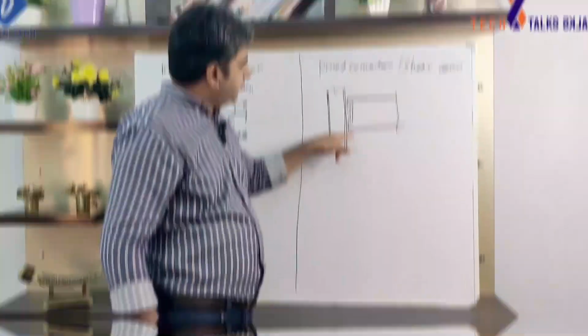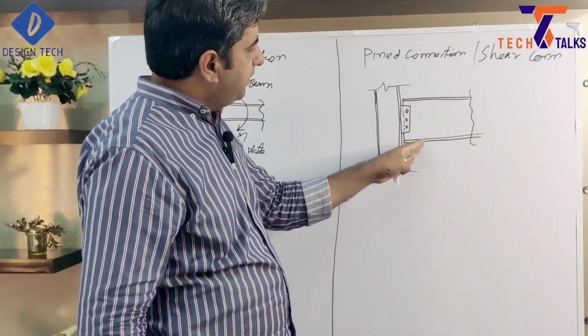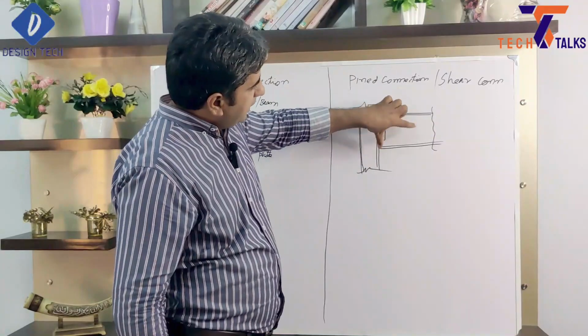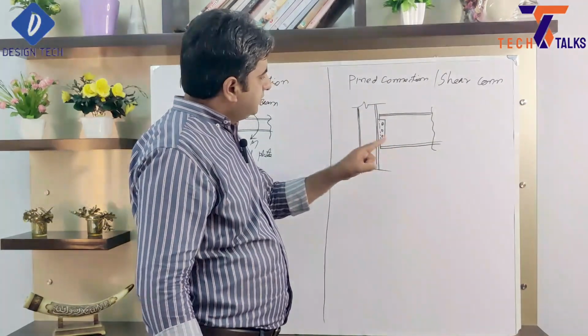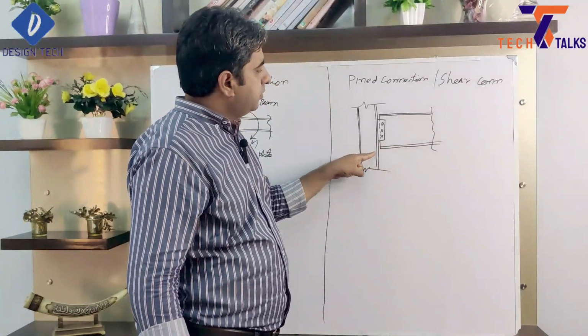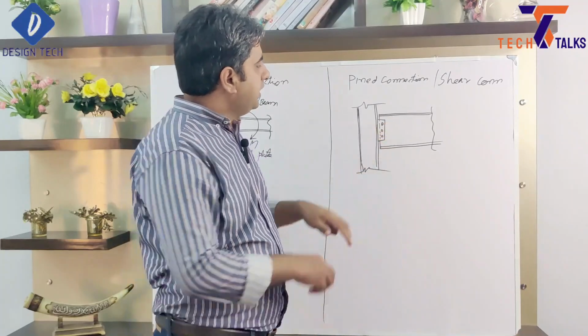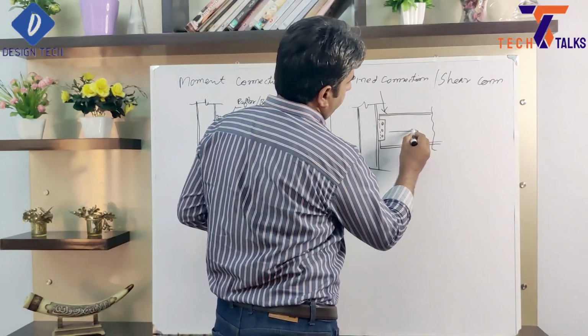These are not connected with any plate, and there is even a gap between this flange and the column flange, which shows that if there is any moment on this member, these flanges will not transfer that moment to this member. These members will transfer only vertical force and horizontal force.